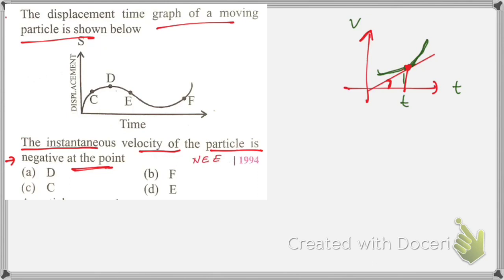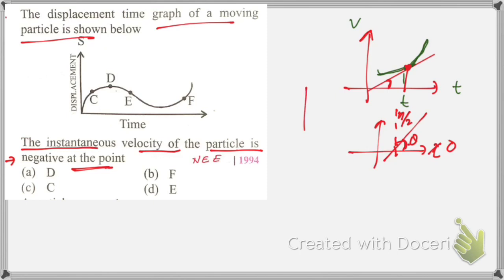Now the slope of this line will be positive if the angle made with the positive time axis is between 0 to 90. Then only we will get a positive slope, and a positive slope will give you the positive velocity, right?